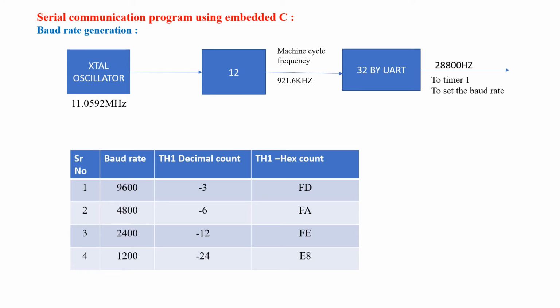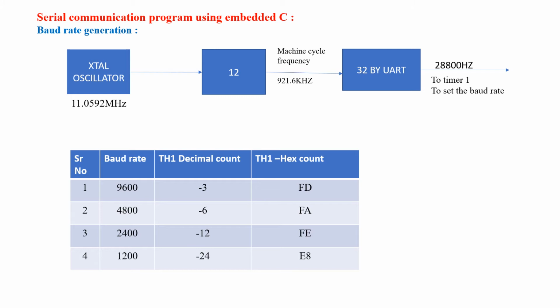Now let's see baud rate calculation, which is used in serial communication program. So how is the baud rate generated? For baud rate generation we refer to this diagram. Here the crystal oscillator frequency is generally 11.0592 MHz. This frequency is divided by 12 and hence the machine cycle frequency equals 921.6 kHz.